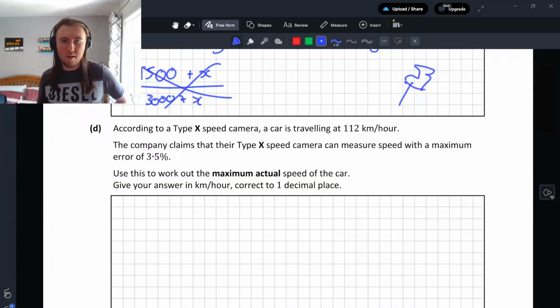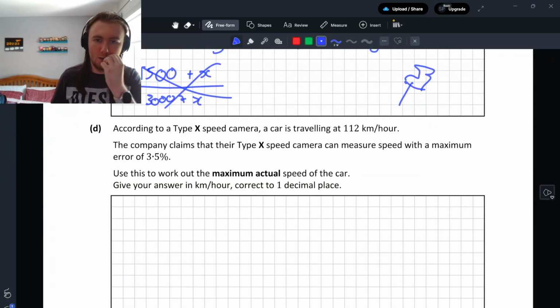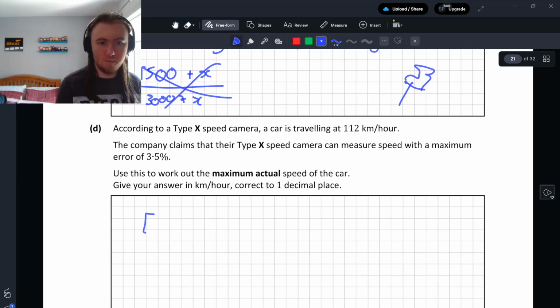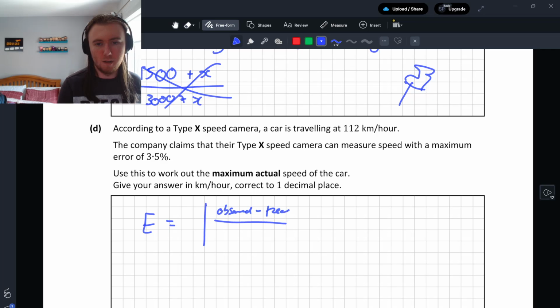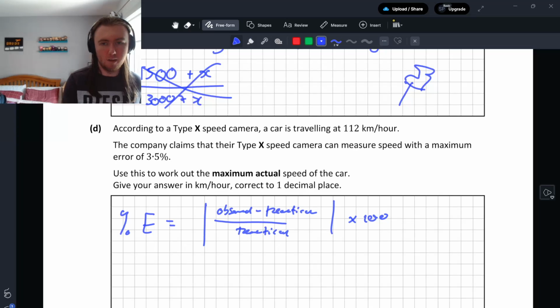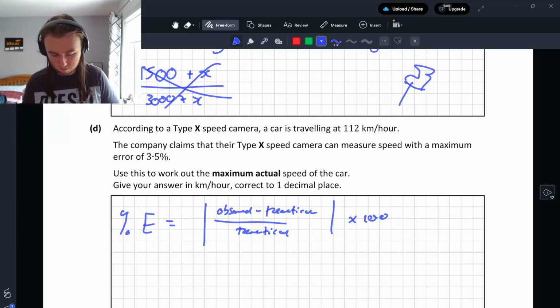According to type X, speed camera cars traveling 112 come with maximum error 3.5%. So percentage error is the difference between the observed and the theoretical over the theoretical times 100. But of course, if this is a percentage error, then I can just divide through by that 100.